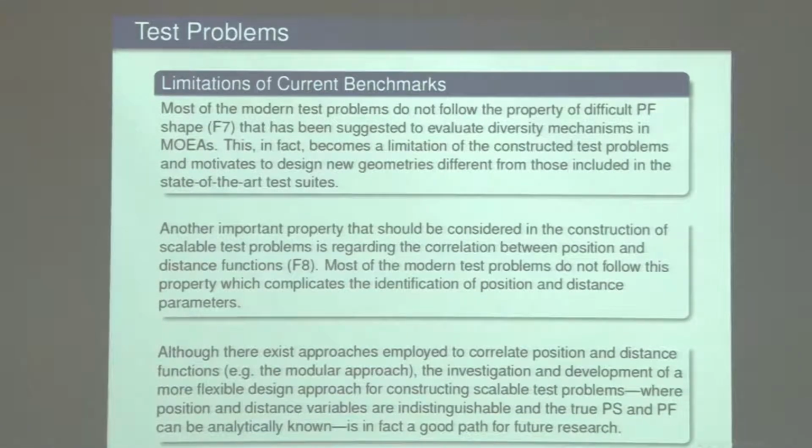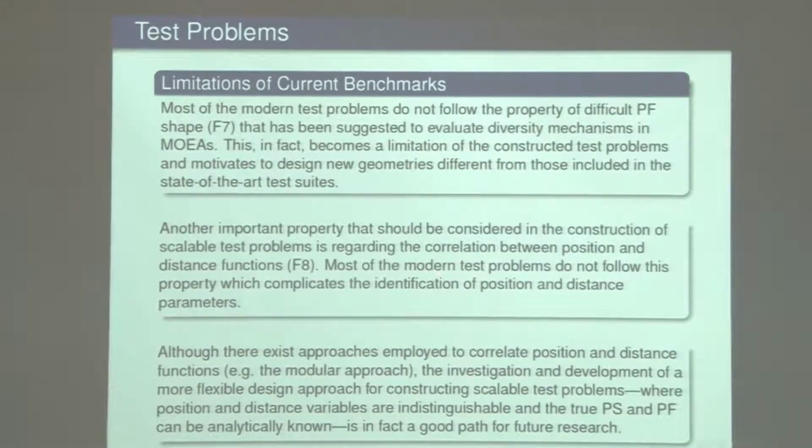Because we saw diversity yesterday. The density estimator is a fundamental component in a multi-objective evolutionary algorithm. And the fact that we can converge is important, but not only should we be able to converge, but also to spread solutions over all the Pareto front. So this feature has to be measured somehow. And we do have performance indicators, that's the next topic. But we need to also have test problems to validate this.